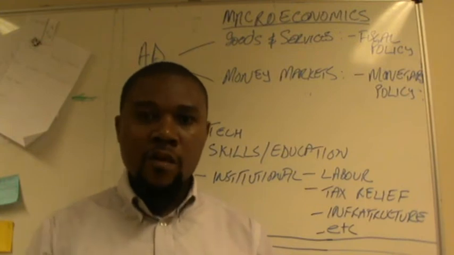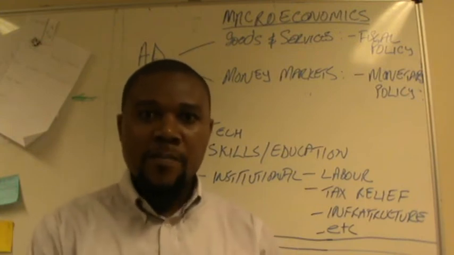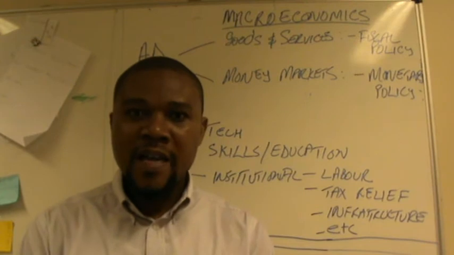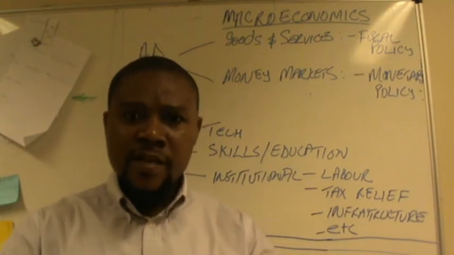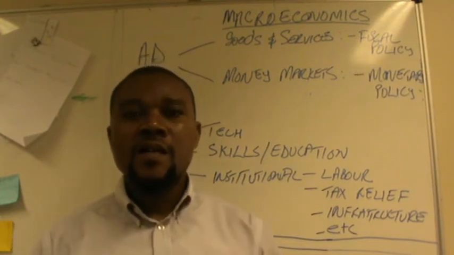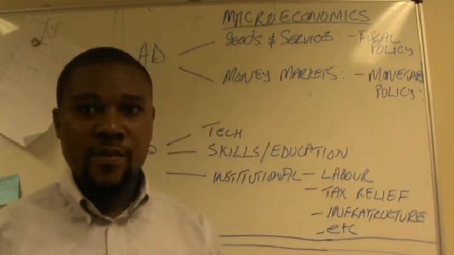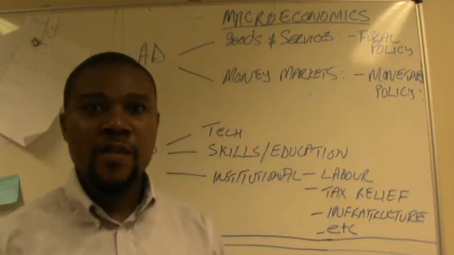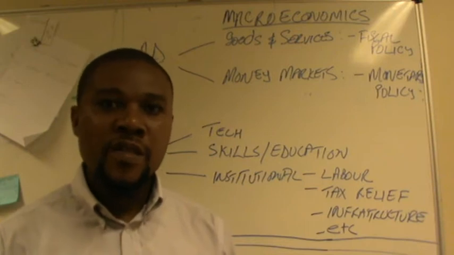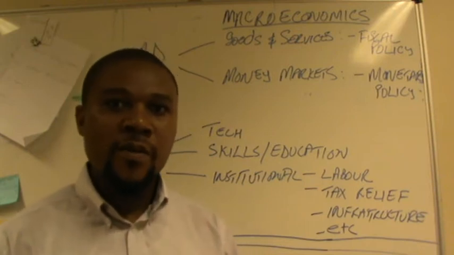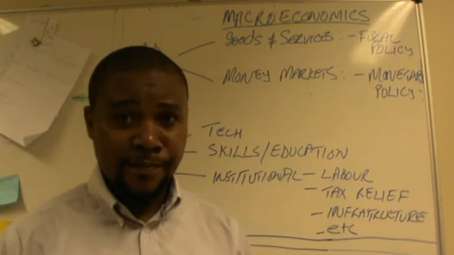But this model is built up of various basic elements, and this has happened over time since the 1930s, when Keynes started talking about how government could intervene to stimulate an economy from the aggregate demand side.